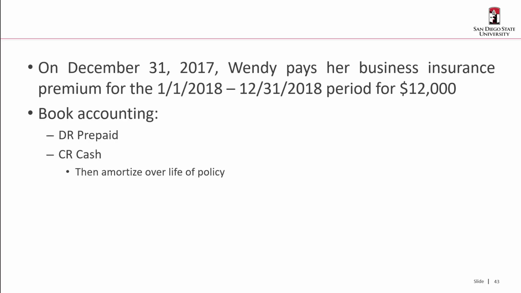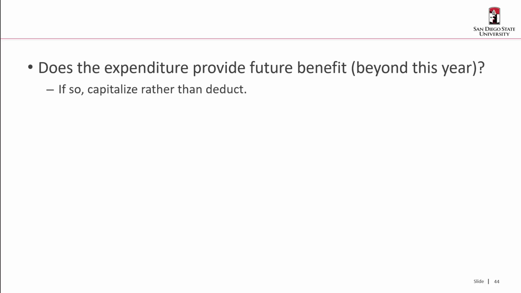So the book accounting for this would be debit prepaid and credit cash, right? And then you would amortize that cost over the life of the policy. That would be a pretty common accounting treatment because it provides good matching, right? I'm expensing it over the period which is actually the benefit period, the policy period of 2018. So there'd be no expense in 2017, and instead the expense would be amortized through 2018.